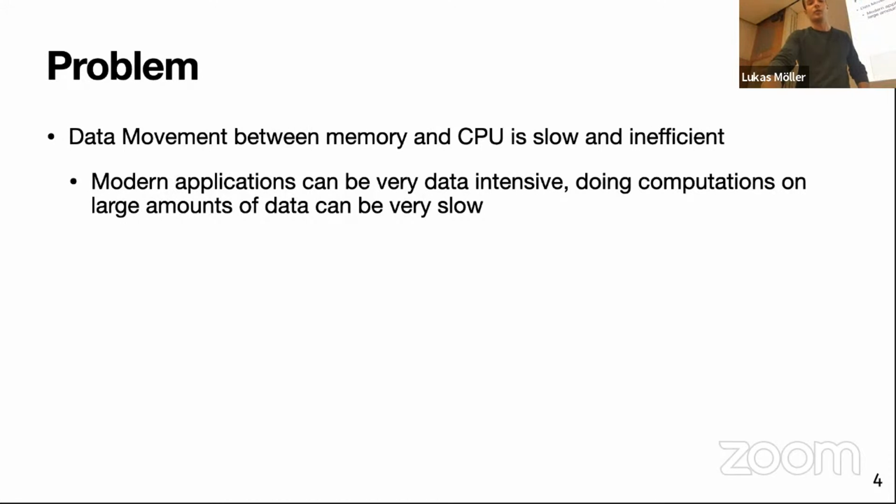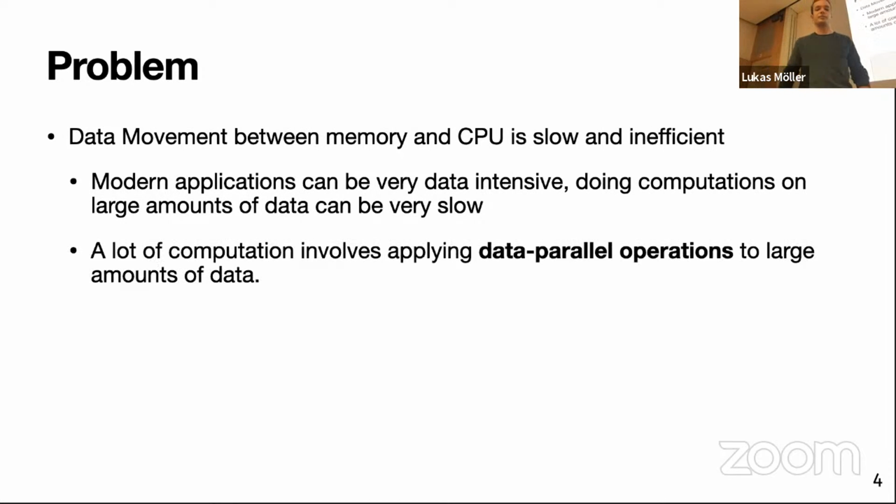Doing computations on large amounts of data can thus be very slow. A lot of these data-intensive computations are so-called data parallel, which means that we do computations on each single element of an array or combine multiple arrays at the same indices. For example, adding two arrays up would be a data parallel operation.